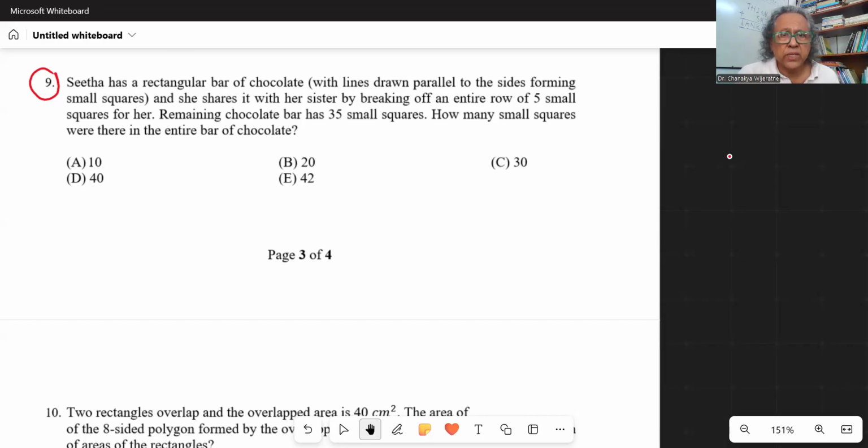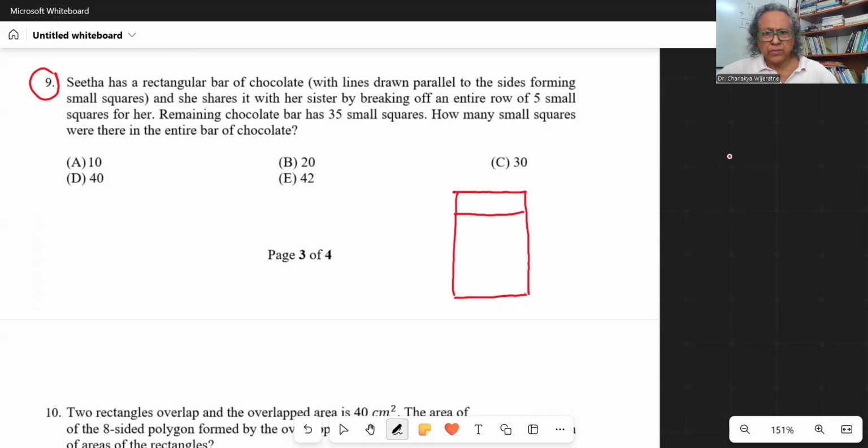And she shares it with her sister by breaking off an entire row of 5 small squares for her. So here's the bar before she broke this row for her sister, and here is that row she broke and gave to her sister, and this row had 5. And the remaining chocolate bar has 35.